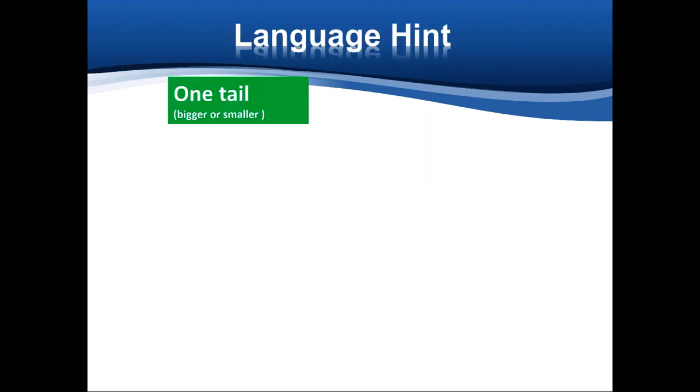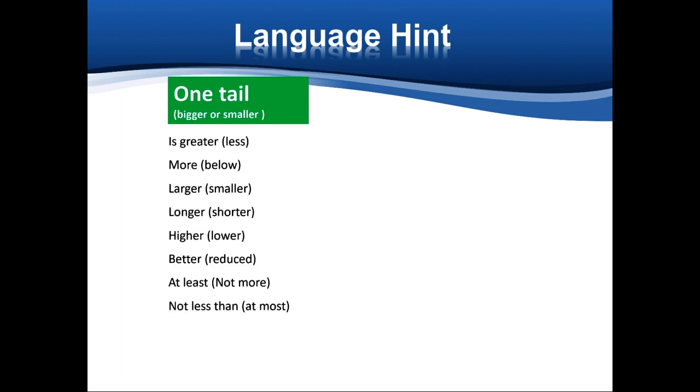Here are some language hints for you which may help you to frame H0 and HA. For one-tail problem, bigger or smaller, such as greater or less, more or below, and so on.